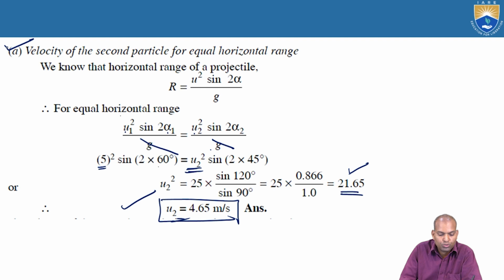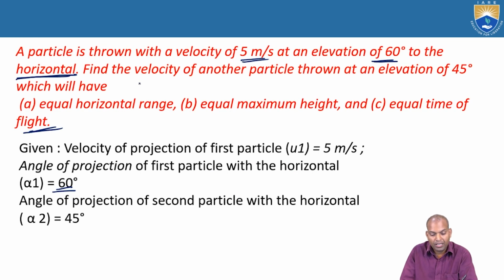Okay, first objective: u2 equal to 4.65 meter per second, the velocity of the second particle for equal horizontal range. Now, the next one: what is the objective here? The velocity of another particle, the second particle thrown at an elevation of 45 degrees, for equal maximum height.